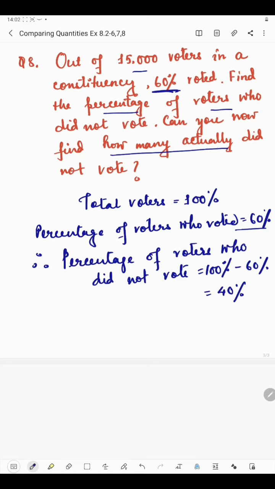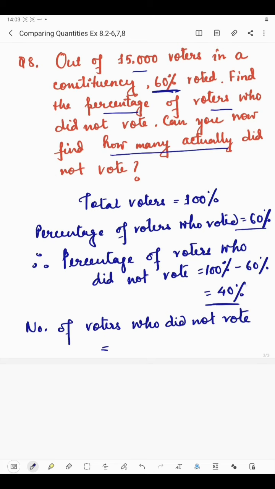Now we will have to find the number of voters who did not vote. We don't have to find the percentage, we will have to find the number. So how to find this? This is the percentage of voters who did not vote, out of 15,000. So 40% of 15,000 have not given the vote.